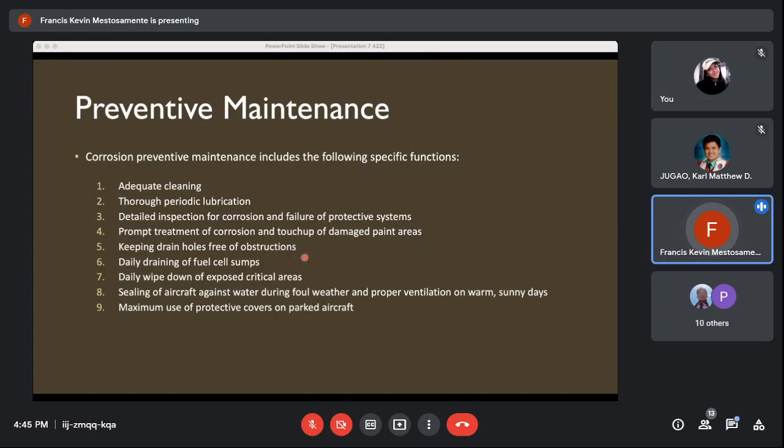Drain holes free of obstruction, daily wipe down, sealing of aircraft against any weather, maximum use of protective covers on parked aircraft. So generally, we just prevent the redox process, keep away from water, keep away from other materials, less friction. Self-explanatory naman with the preventive maintenance.